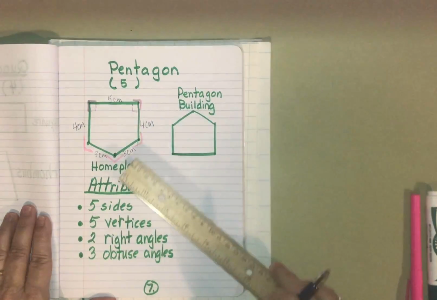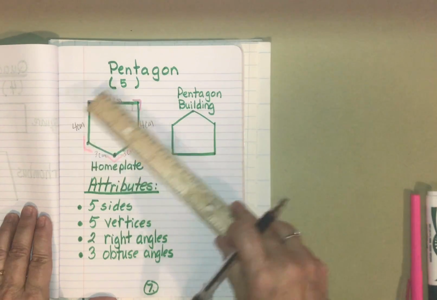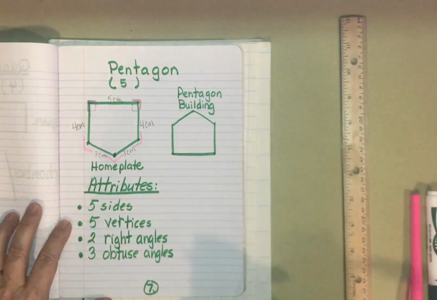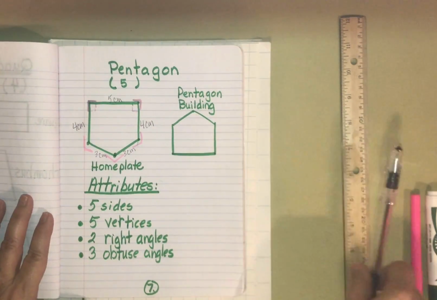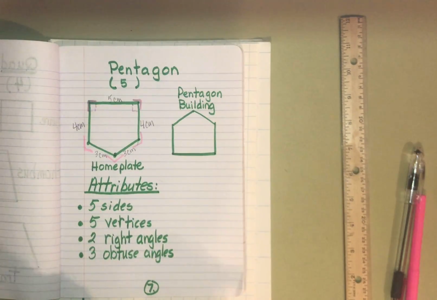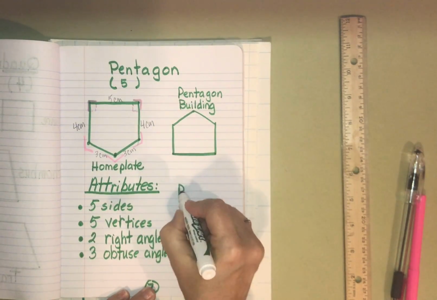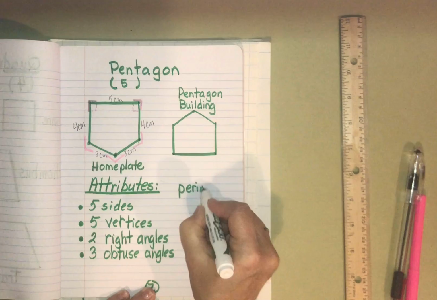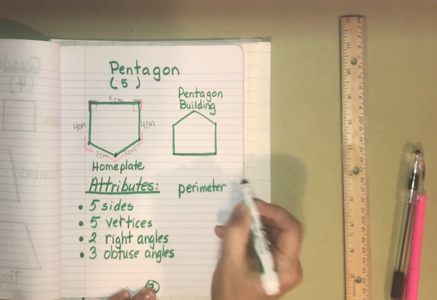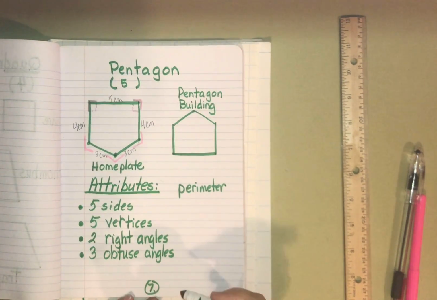Okay, you should have a total of 5 numbers that we're adding because there are 5 different sides. Okay, to figure out the perimeter, we need to add all of the sides.